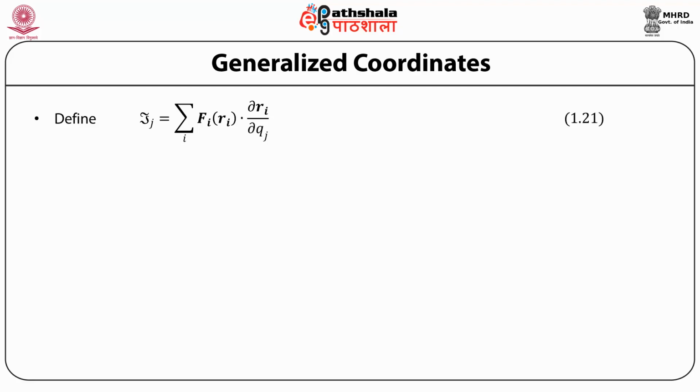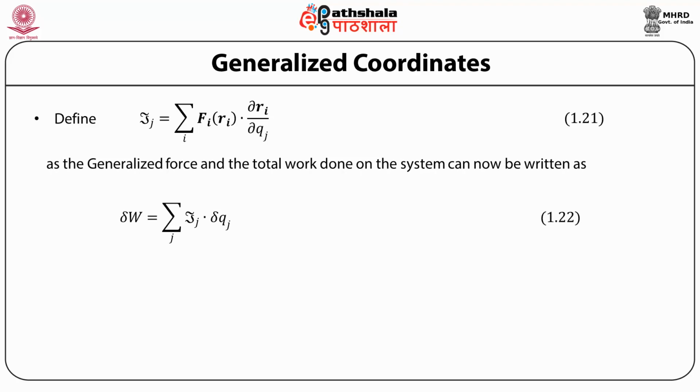So we define the generalized force Fj acting on the jth generalized coordinate as sigma over i of Fi(ri) dot dri by dqj. And then the total work done on the system can be written in terms of only the generalized forces and not in terms of the applied forces on all the particles.